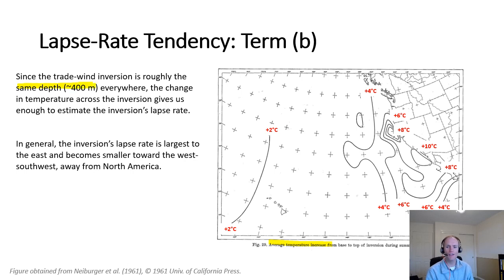So what we have here is the change in temperature. So this diagram here ultimately gives us the change in temperature. And this depth here is the change in height.